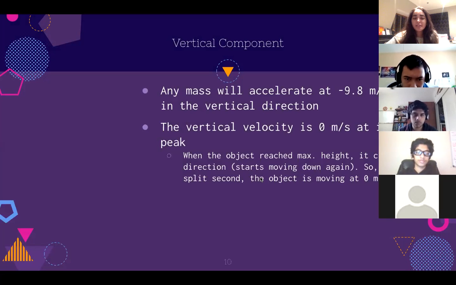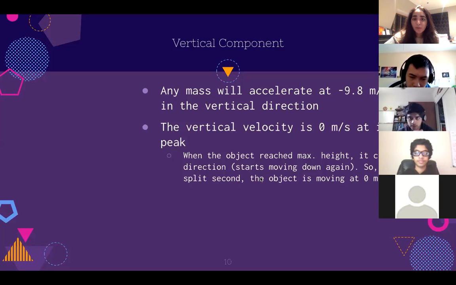And we tend to divide this motion into two main groups, the vertical component and the horizontal component. The vertical component is the part of the motion that deals with it going up and down, and the horizontal is when it's moving right or left, which is the most common axis. And for these two components, there are certain characteristics that are constant throughout.